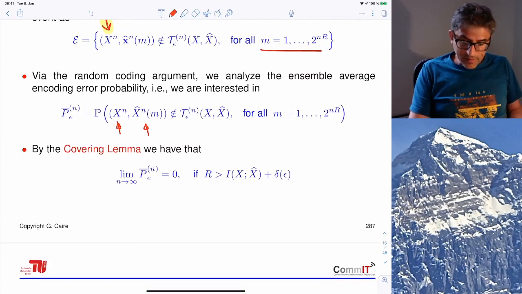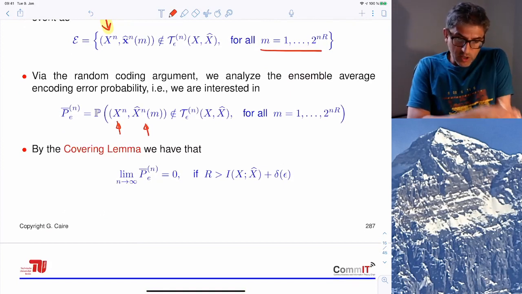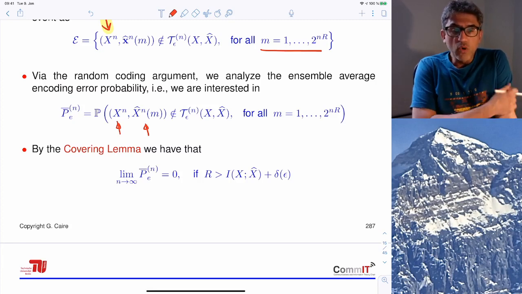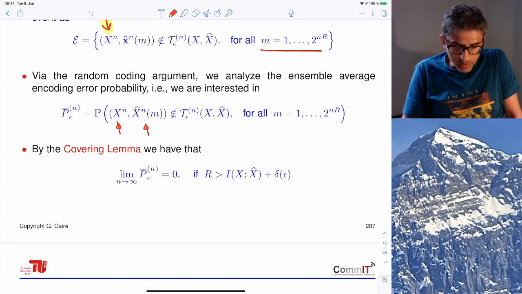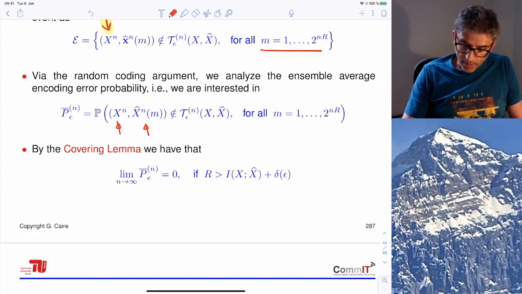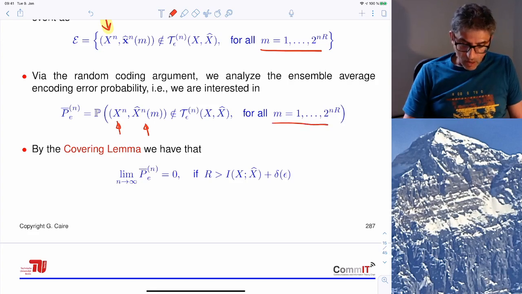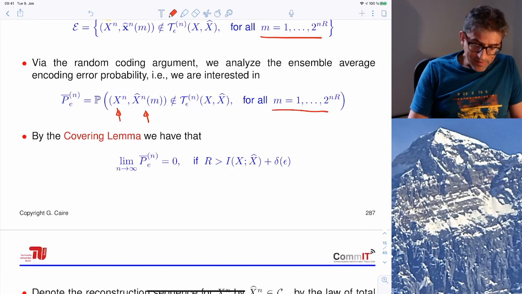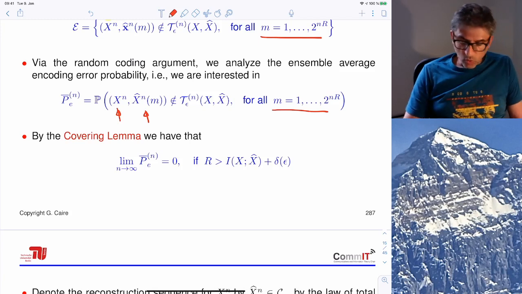So the probability that such a source sequence is not jointly typical with those independently generated sequences x hat for all m. Now, if you remember, this probability is exactly what we have analyzed in the covering lemma.